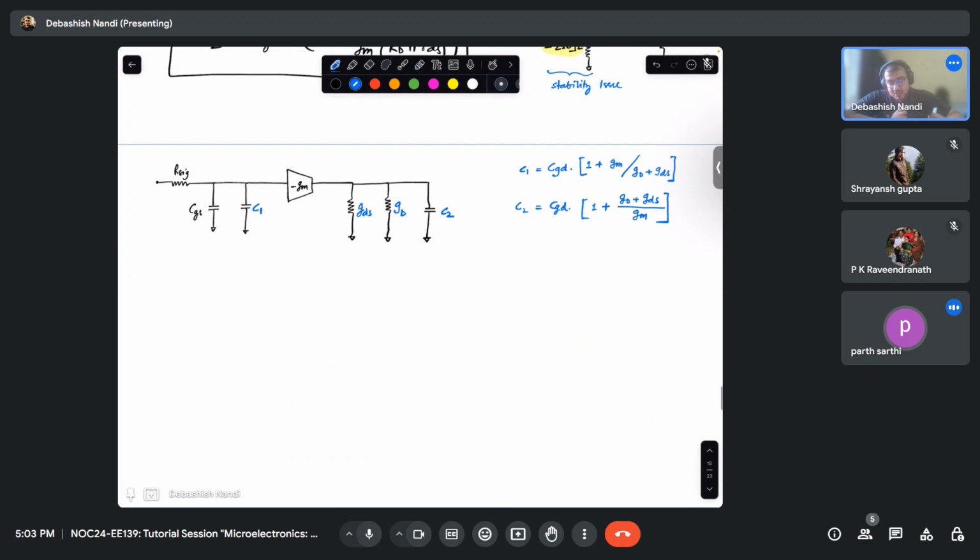Okay. Now I want you to find out the transfer function between V out and V in. For that, what should you do? First consider this is Vx. So you break the problem in two parts: V out by Vx and Vx by V in.